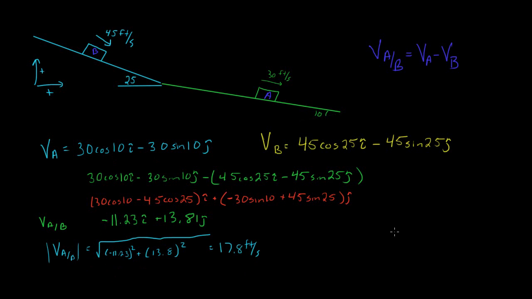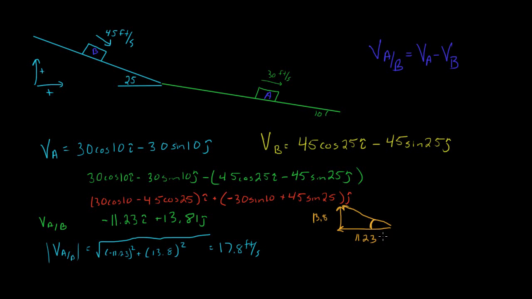We can also figure out the direction that this is all relative to. So if we look at our components, we have a minus 11.23, and then we have a positive 13.8. This is not drawn to scale, obviously, but we want to figure out this angle right here.